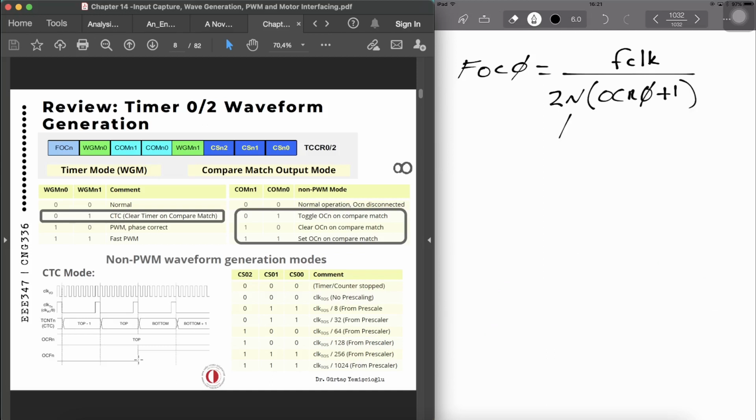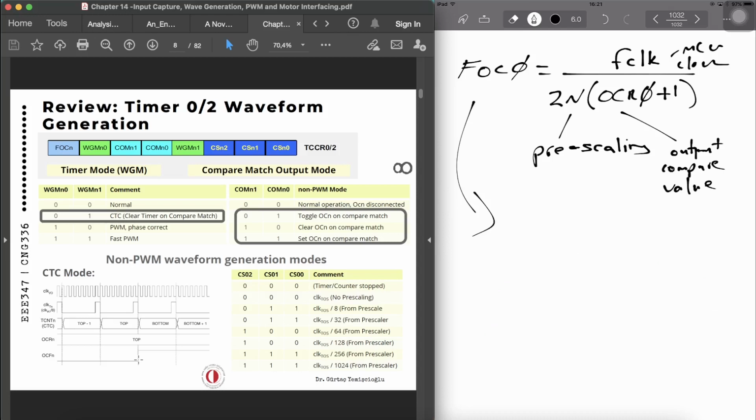So this is the prescaling, this is the output compare value, and this is the MCU clock.